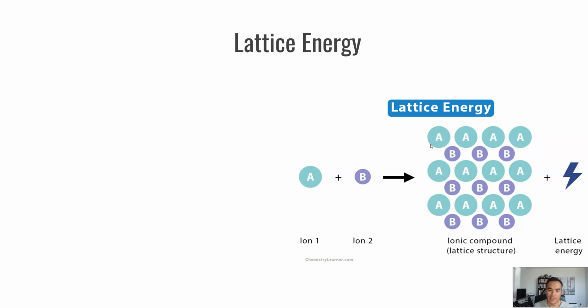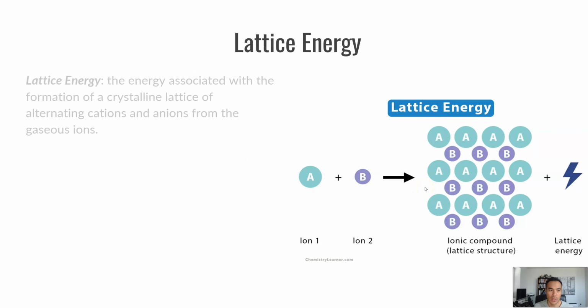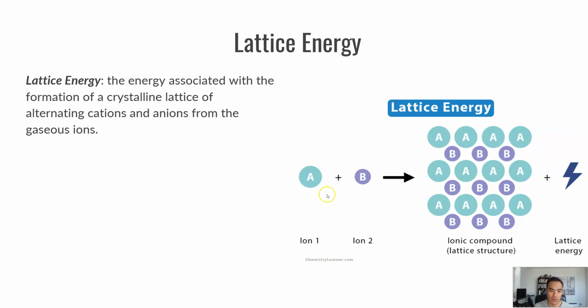Now let's talk about lattice energy. Lattice energy is a term used to describe how much energy it takes to form a crystalline structure. For example, if I have an A ion and a B ion, and I want to form a crystal, I'm going to need some sort of energy to form those into an ionic compound.